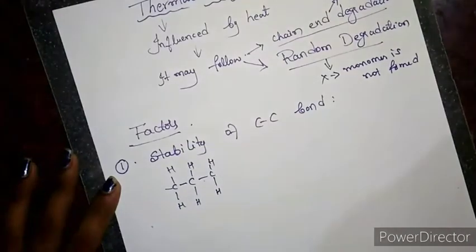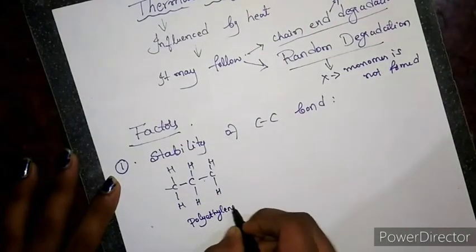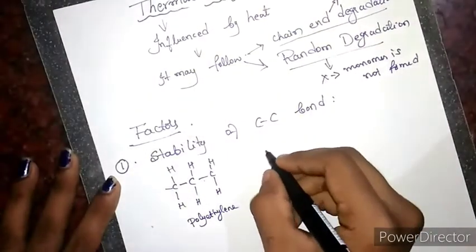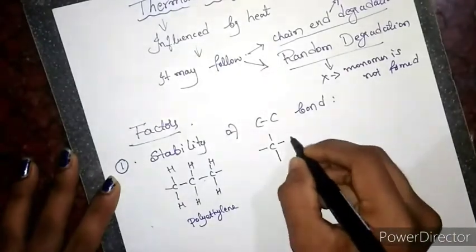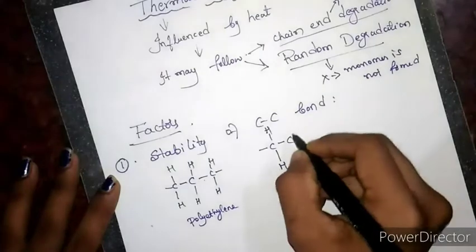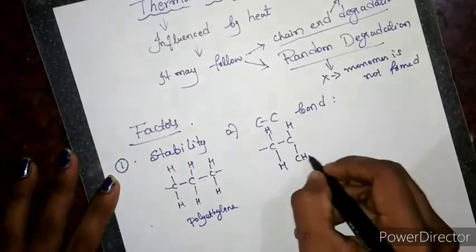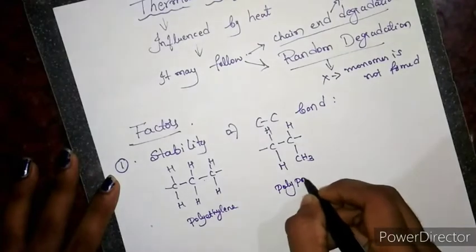This is polyethylene. Now I write polypropylene. It continues like this. Polypropylene has CH3, and it continues like this only. This is polypropylene.